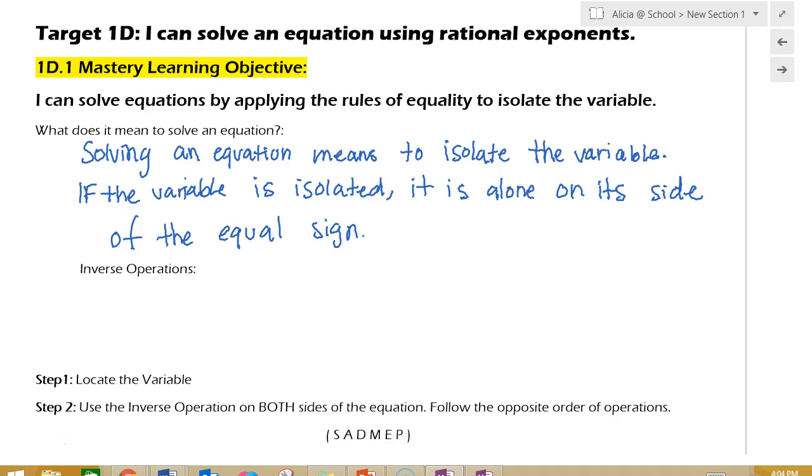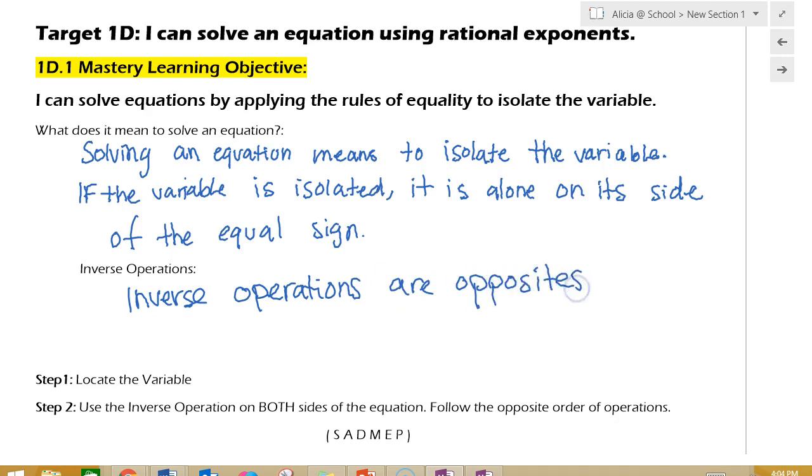Next vocab is inverse operations. So inverse operations are opposites.